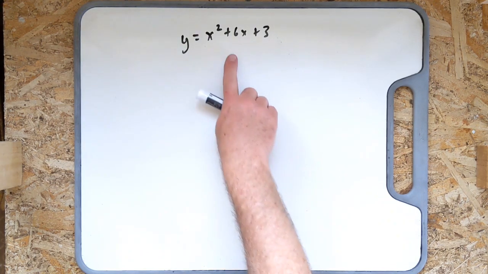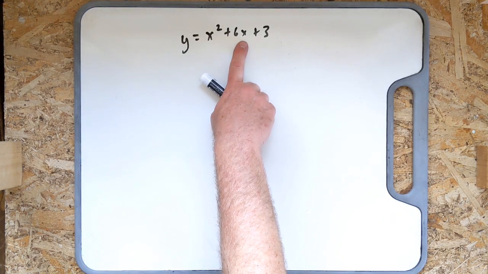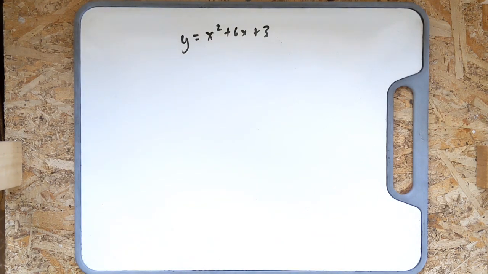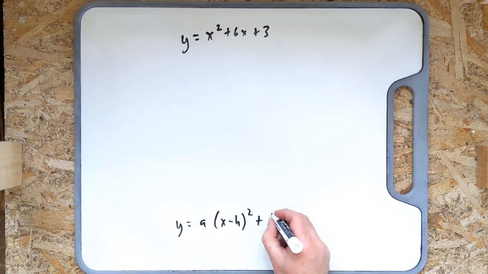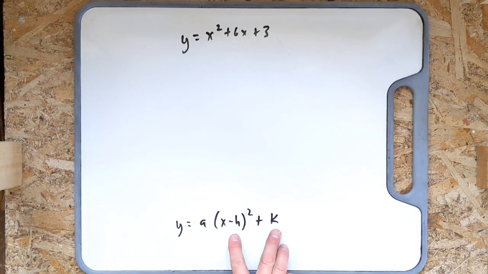This is called standard form. I have an x term as well as an x squared term, and therefore it's not in the form that I can just pick the vertex out. So I'm going to convert this into a form which is y equals, and we're done, a(x minus h) squared plus k. So I can tell the vertex, and also I can tell a right from there.